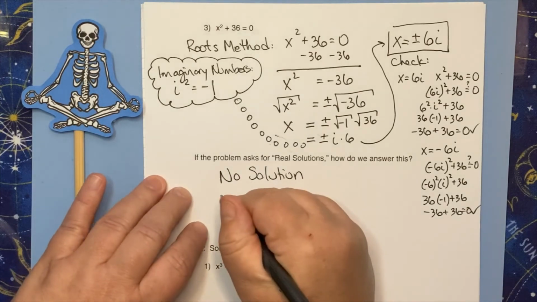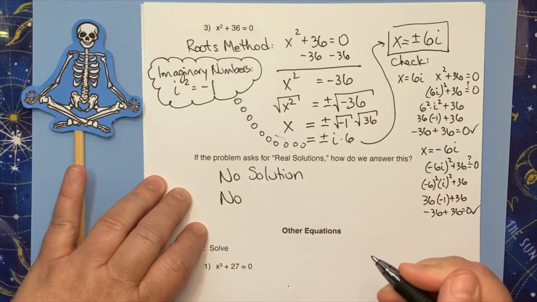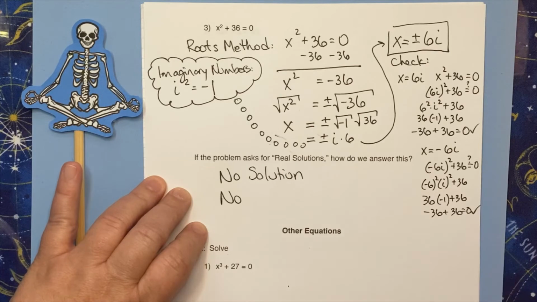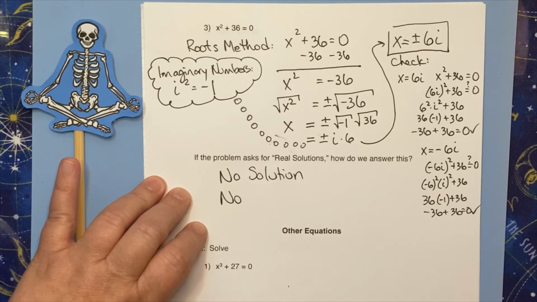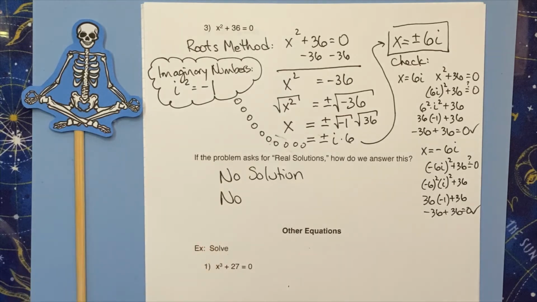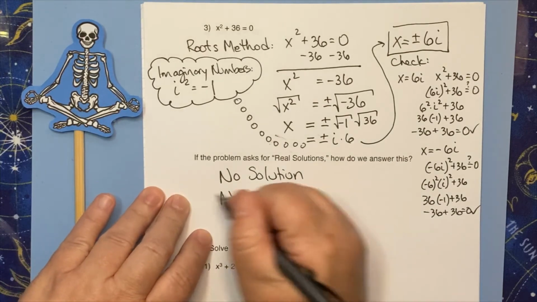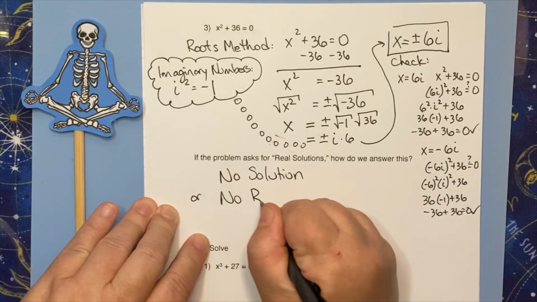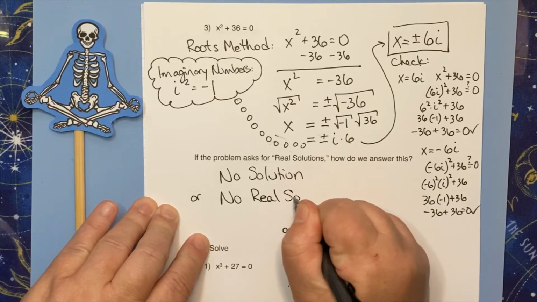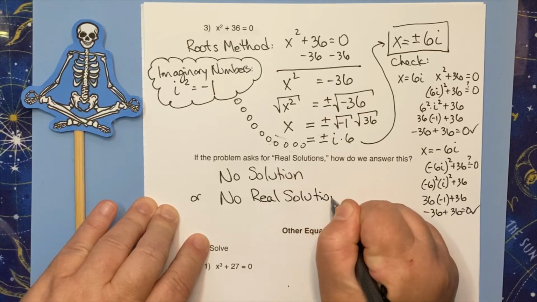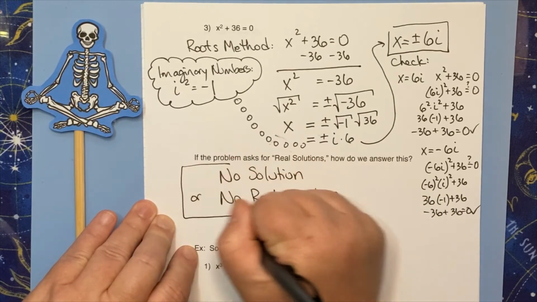But if you really like to be rigorously correct, and at this point, when you're in Math 90, you've committed to a certain level of analysis. So you want me to explain anything, I will explain everything. You might not be able to stop me. But you can write no real solution if that feels more comfortable. So it's either no solution or no real solution.